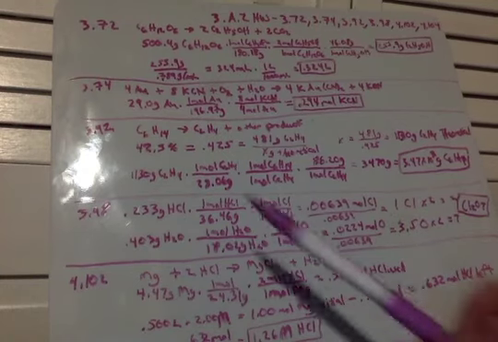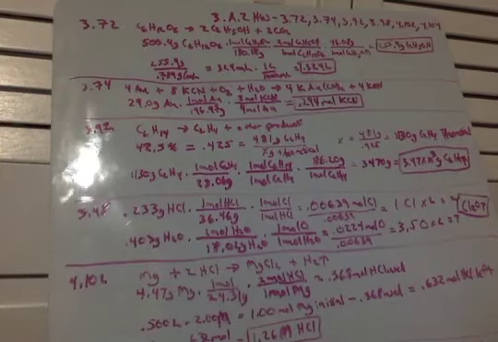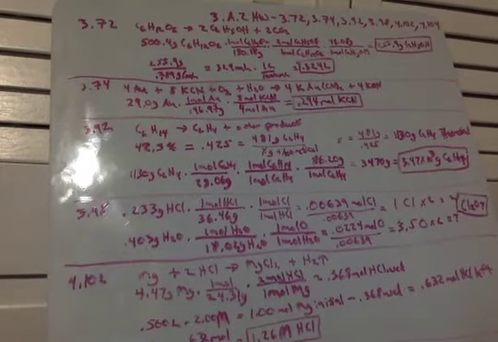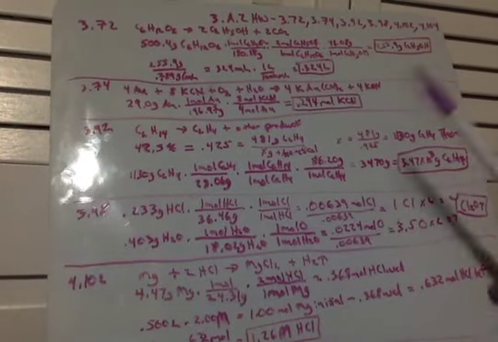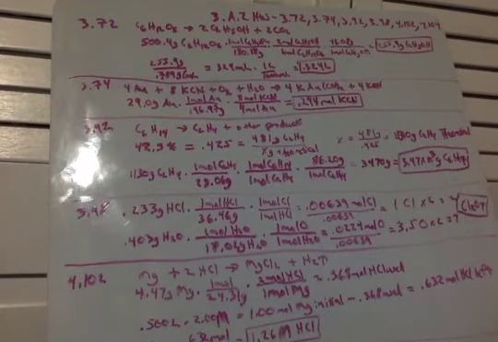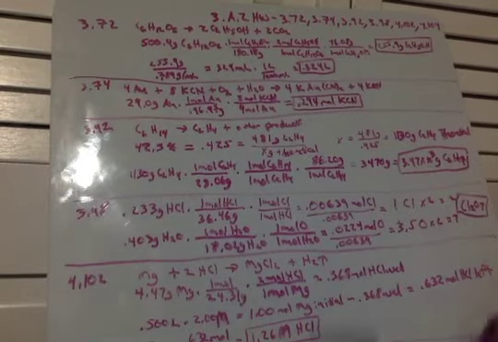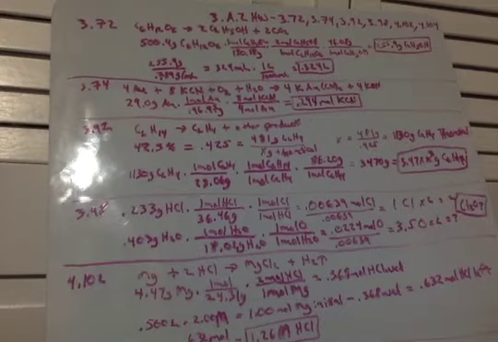3.92, hexane makes ethylene. According to the problem, it's a 1-to-1 ratio. It does make some other products, but we're not concerned about that. We're looking to produce 481 grams of the ethylene, but we realize that the process only gives 42.5% yield.